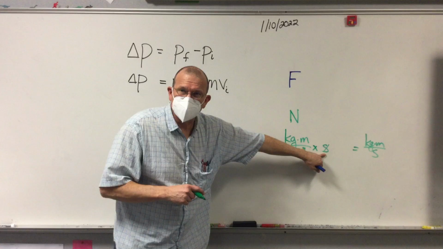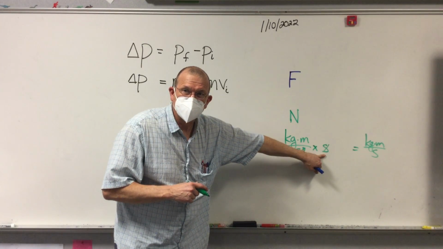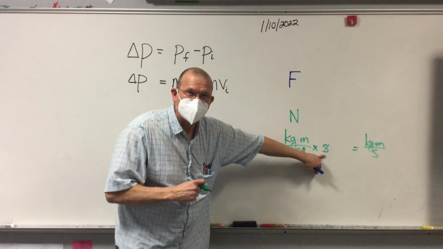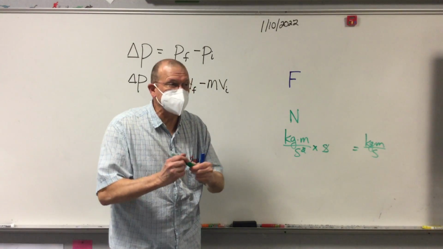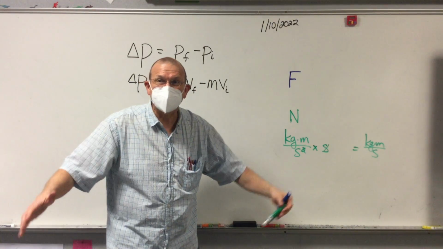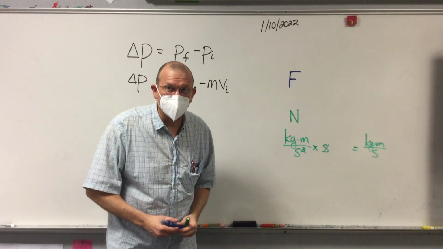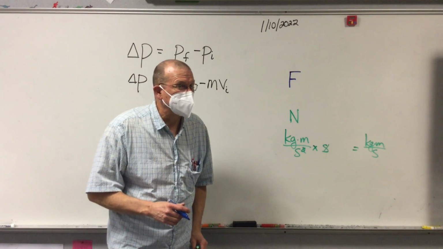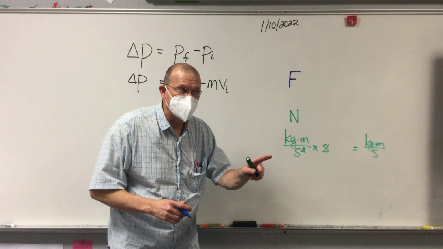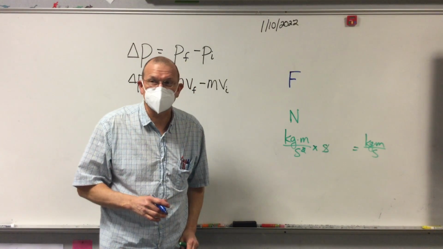What variable goes with this? Come on, you can do it. If you're just talking about seconds, what is that? Time. What variable do we use for time? That's the unit. What's the variable that we use in our equations when we're using time?